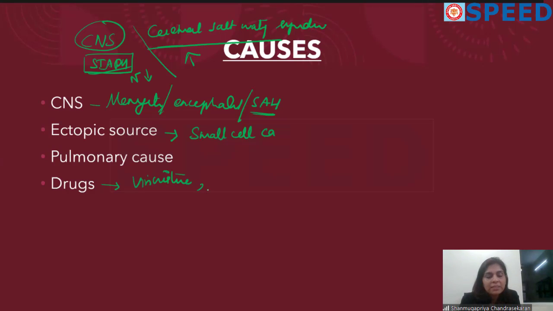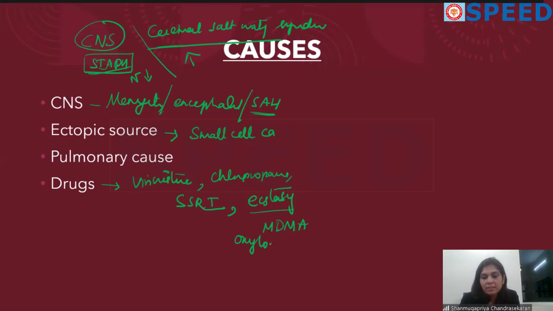Vincristine presents as SIADH, chlorpropamide, SSRIs, antidepressants, many of those drugs present with this, and then recreational drugs, ecstasy, amphetamines, MDMA. Ecstasy is MDMA. It is an amphetamine. Basically, it presents as SIADH.